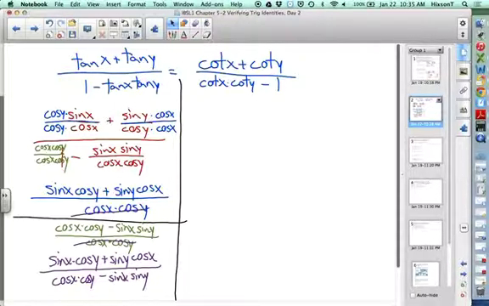Now the only thing with that is we're not finding the tangent of two angles added together. We're finding the tangent of one angle and adding to it the tangent of the other. So we couldn't actually use that in this case here.